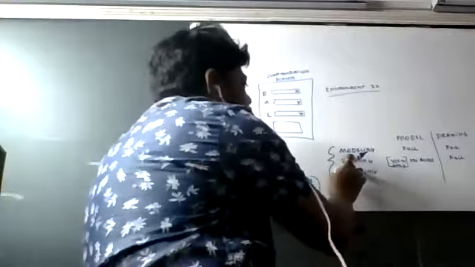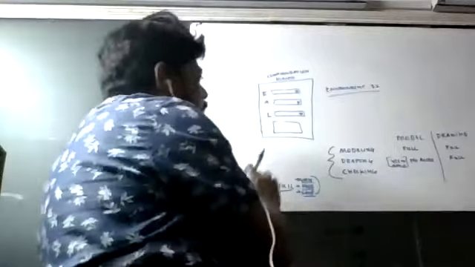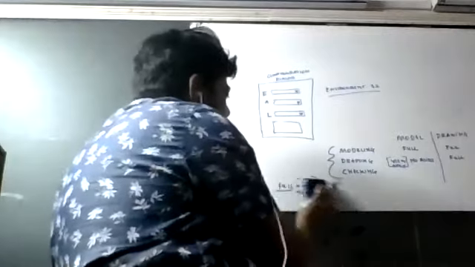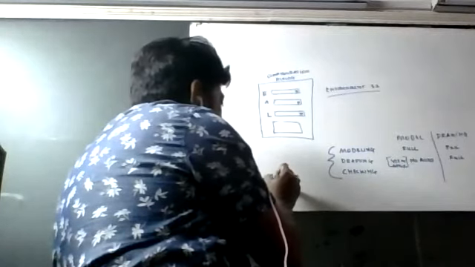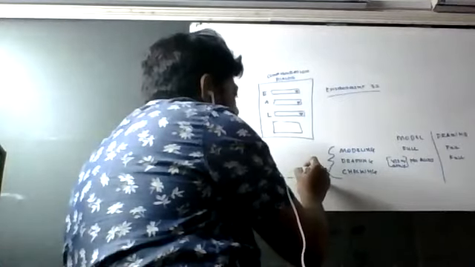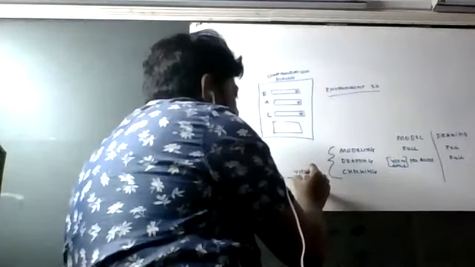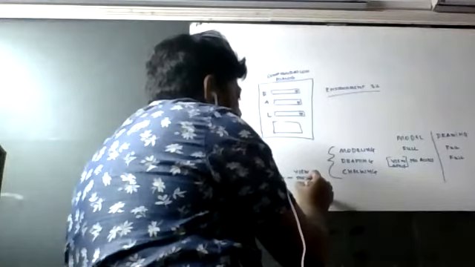In the drafting area, there will be limited access. This is a drafting license, and this is a full license. In the drafting license, for the modeling area there will be only viewing access.